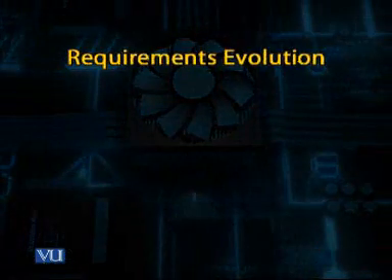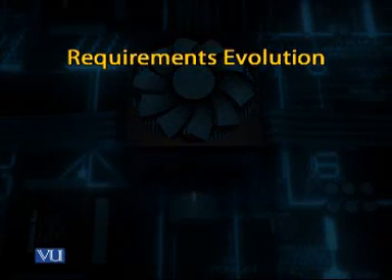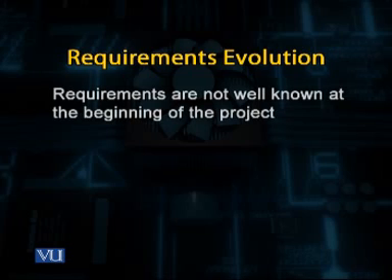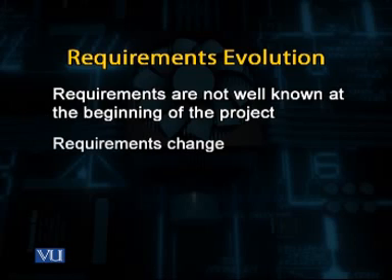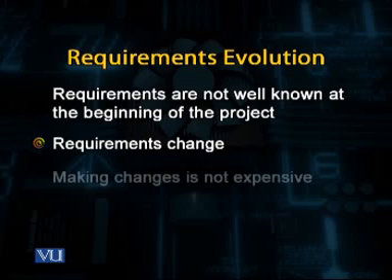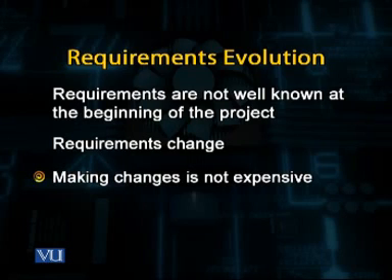This has really become a part of the way business is done. Requirements are not well known at the beginning of the project. This is a very well known fact, particularly for agile methods. Requirements change, that is another fact. And finally, making changes is not expensive.